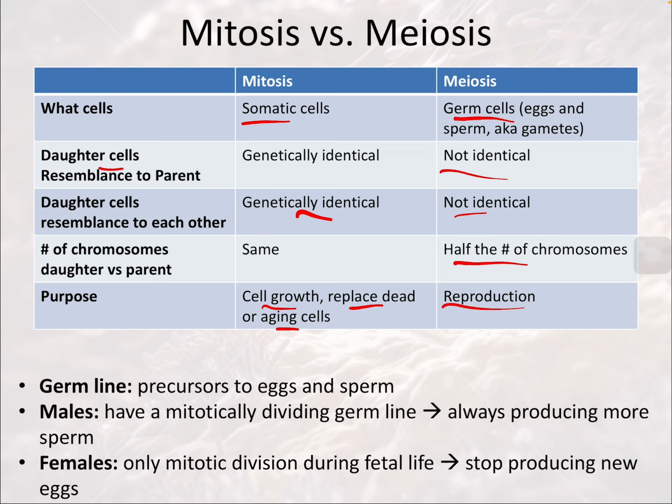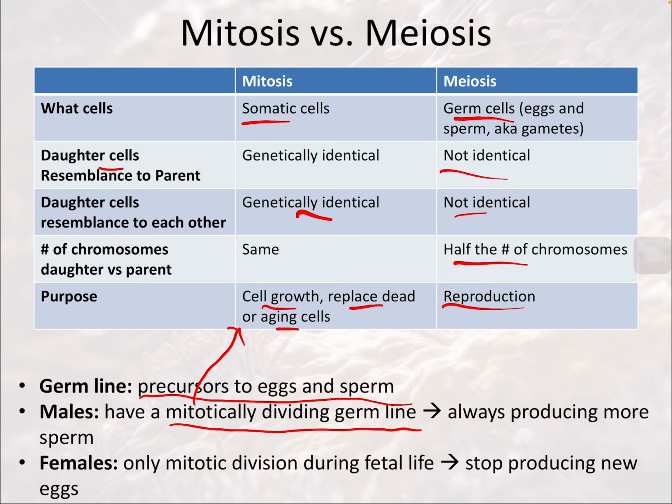Okay, so germlines are the precursors to egg and sperm cells. We'll talk about the germline in the testes today, the spermatozoa. Males have a mitotically dividing germline. That means the germline cells go through this process of mitosis. They're constantly replacing themselves, okay? And so then we're constantly getting new sperm, okay, in males.